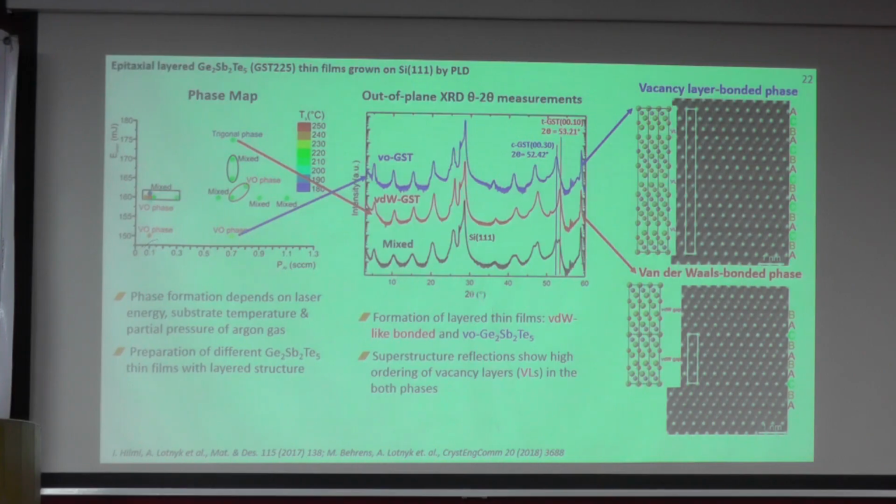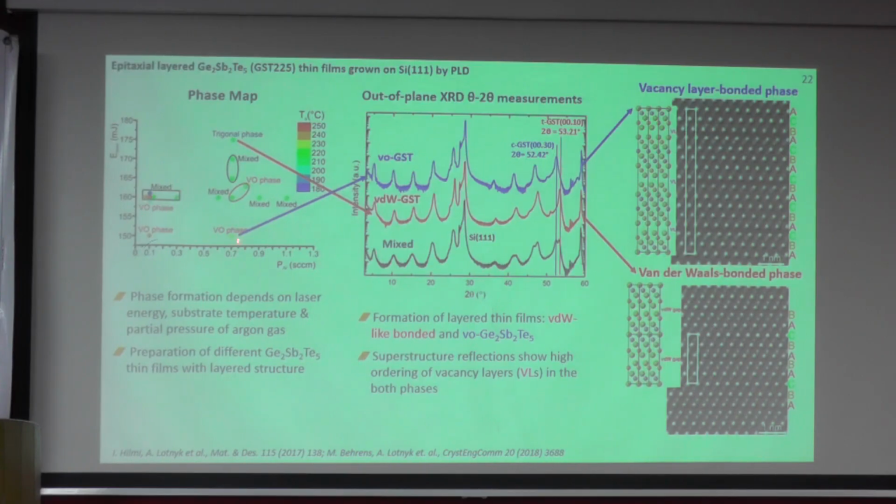But for some applications, maybe you need a highly ordered, single crystalline structure, and then you will use thin film growth techniques. One is PLD, pulsed laser deposition, and by using this technique you can control the structure of your thin films by different parameters. Shirender will consider this in the tutorial, but I will show a little bit on this.